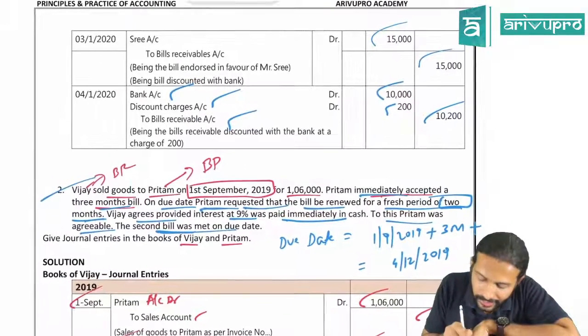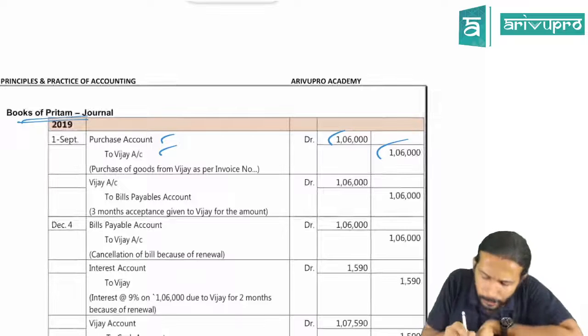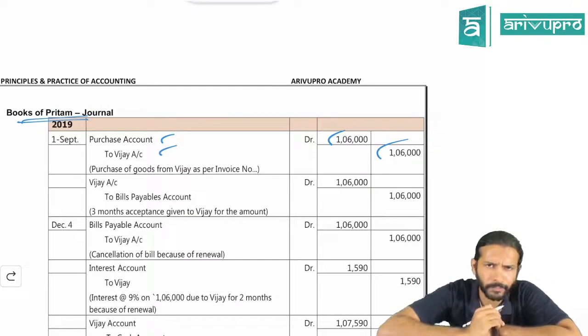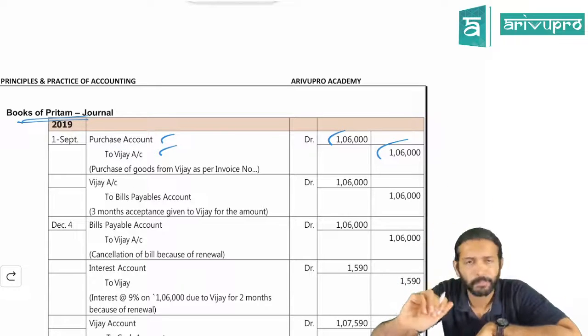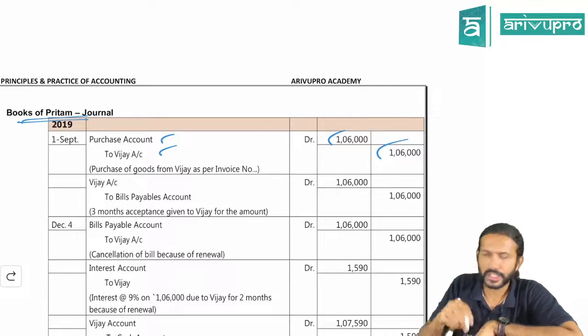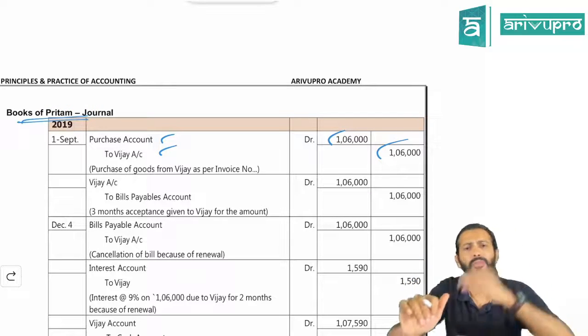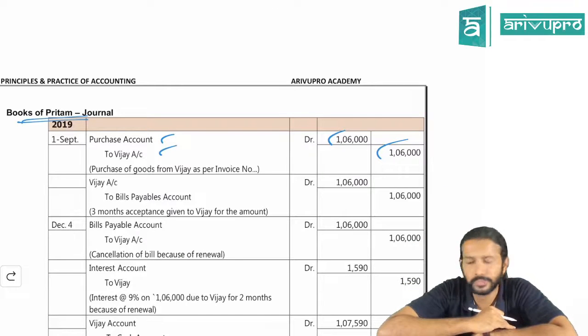Preetham immediately accepted a 3-month bill. For Preetham, he has purchased the goods from Vijay, so he has to pay the money. That means Vijay is our creditor. We have to pay cash to the creditors.